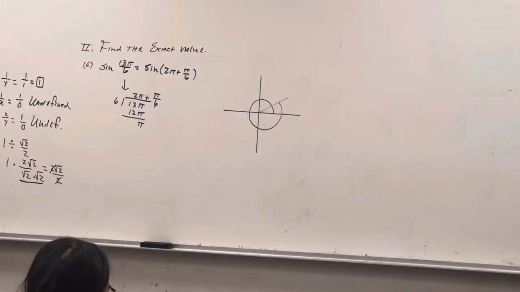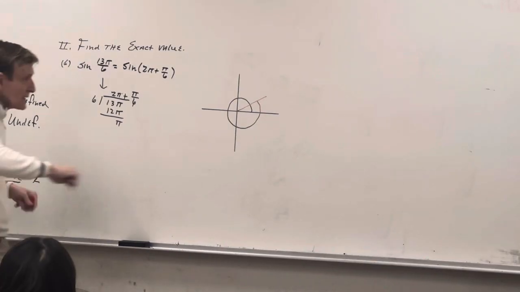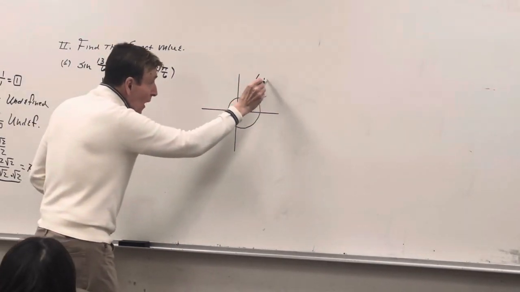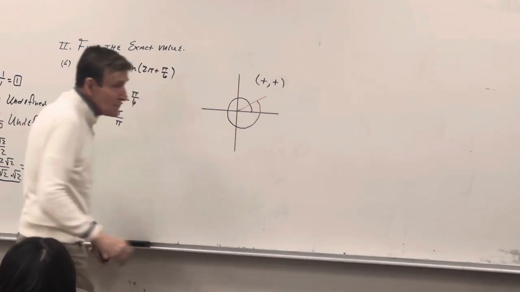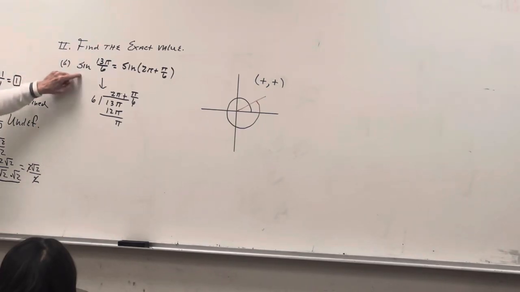It's one complete revolution with an additional pi over 6 that takes me into quadrant 1, and quadrant 1 is the safest quadrant to be in. Why? If I need it, the coordinates are all positive. If you're in quadrant 1, I know my answer is going to be positive. I'm doing sine. I know sine is y.